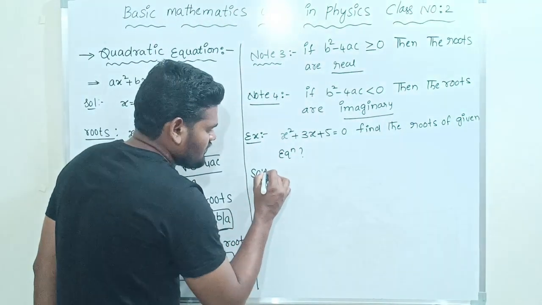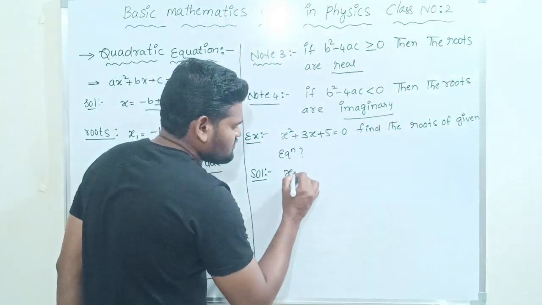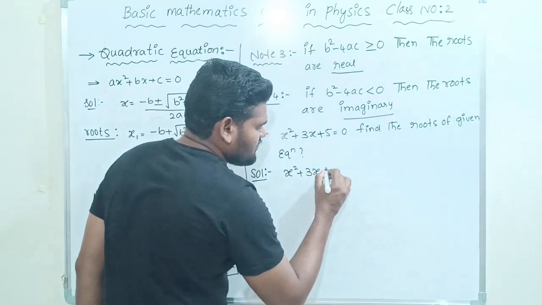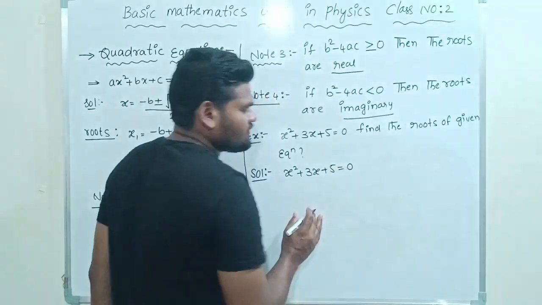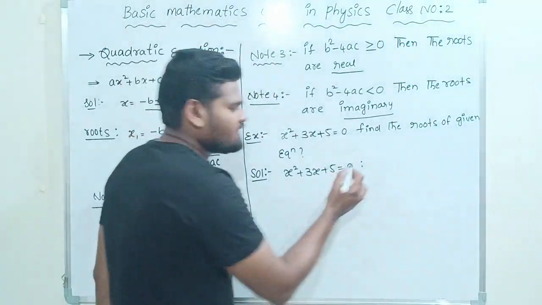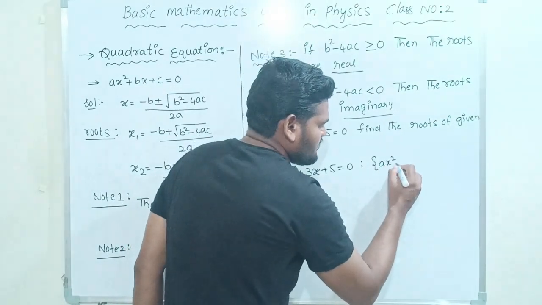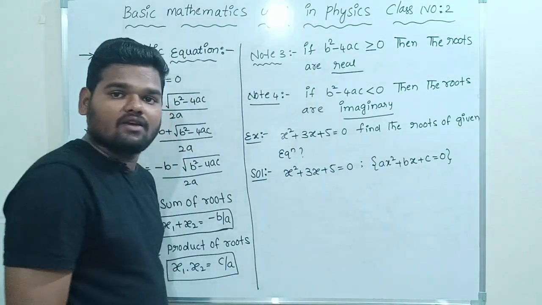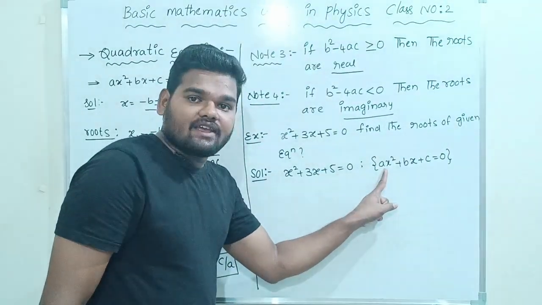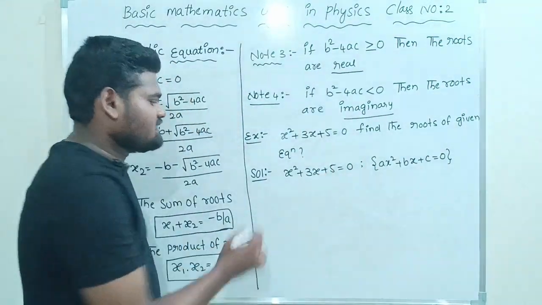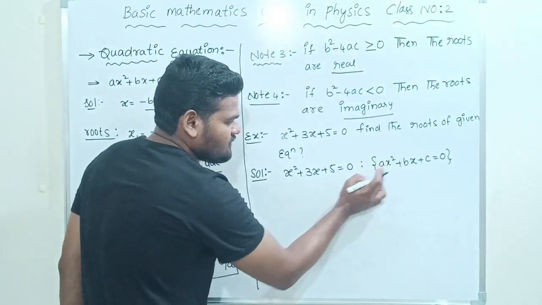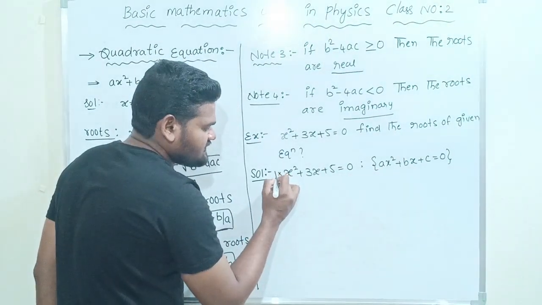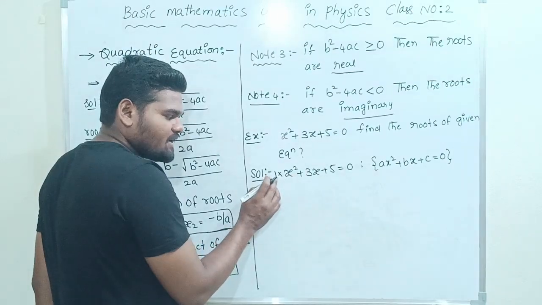Solution: the given equation is x square plus 3x plus 5 is equal to 0. Just compare the given equation with ax square plus bx plus c is equal to 0. At the place of a, we have what? 1. See, x square. At the place of a, we have 1. If nothing is there, it means it is multiplied by 1.